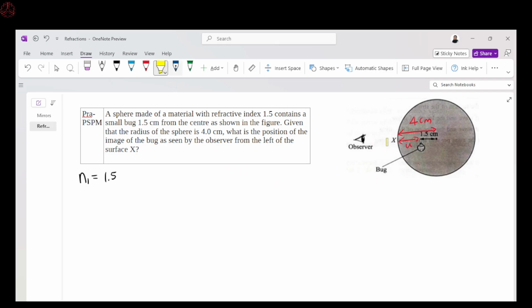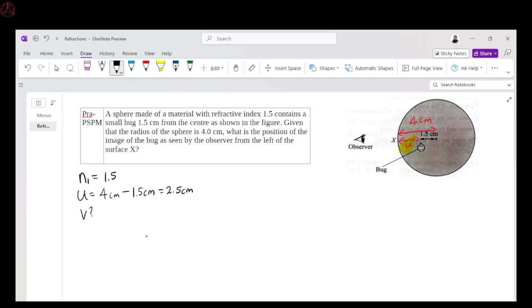So I can write down that u is in fact 4 centimeters minus 1.5 centimeters, which is 2.5 centimeters. Now the question is asking what is the position of the image of the bug as seen by the observer from left of the surface X. So I'm looking for v.